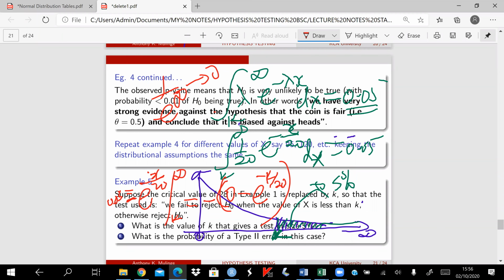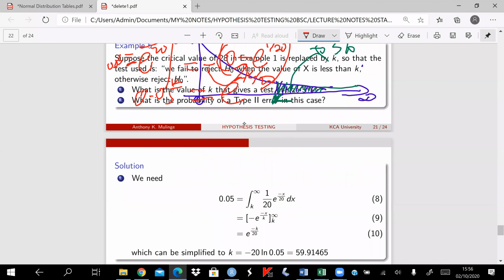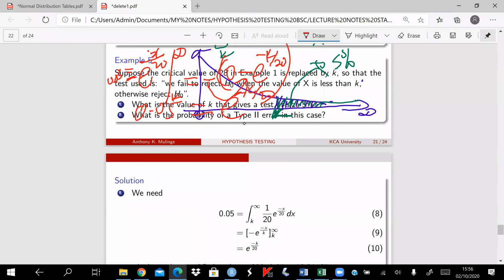Which is the same as saying 0.05 is equal to e raised to power minus K over 20. And that's what we have down here in the solutions. That's what has been solved here.